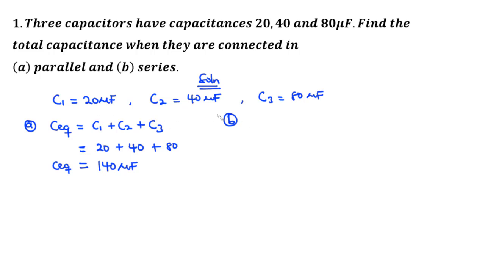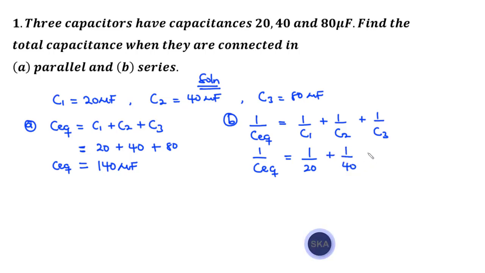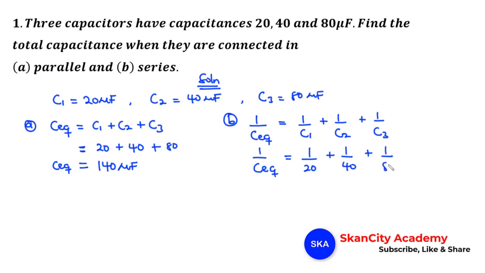Now let's move on to B. For B, we want to find the equivalent capacitance in series. We said that for capacitors in series, the reciprocal of the equivalent capacitance is equal to the sum of the reciprocals of the individual capacitors. Therefore, because we have 3 capacitors, 1 over C equivalent is equal to 1 over 20 plus 1 over 40 plus 1 over 80.